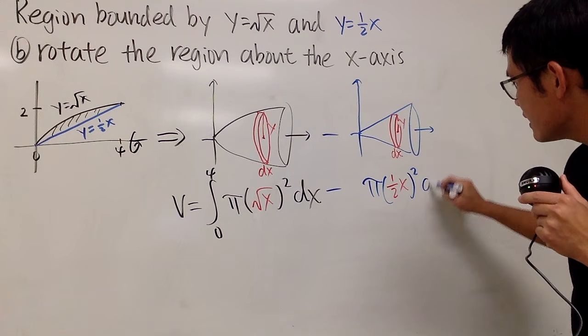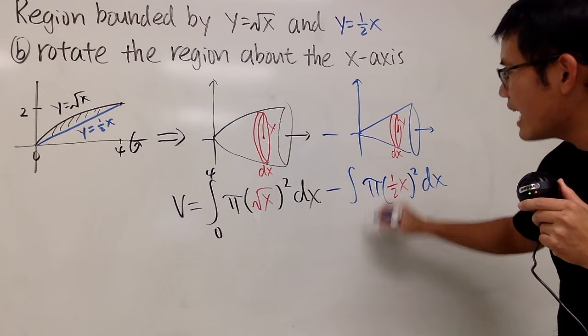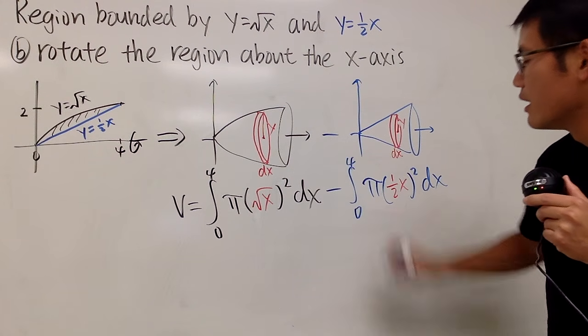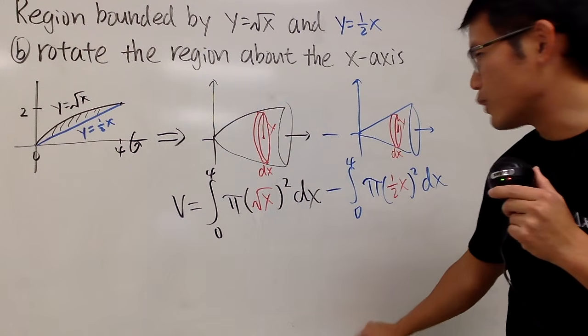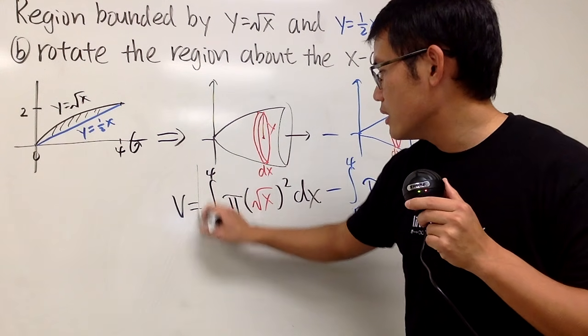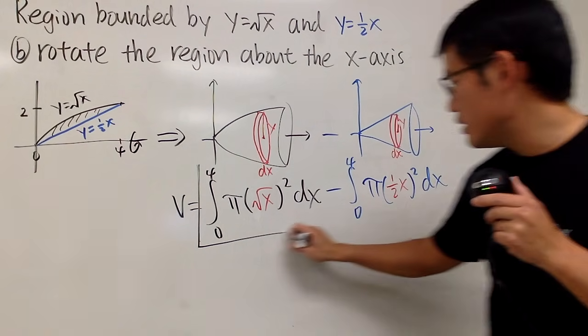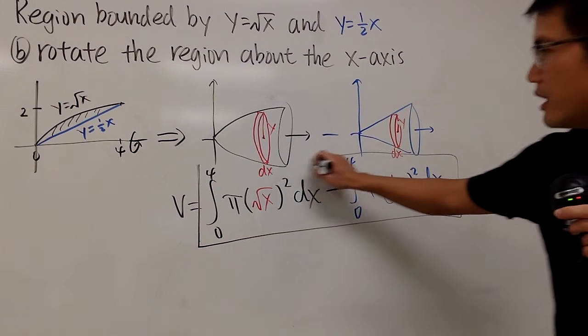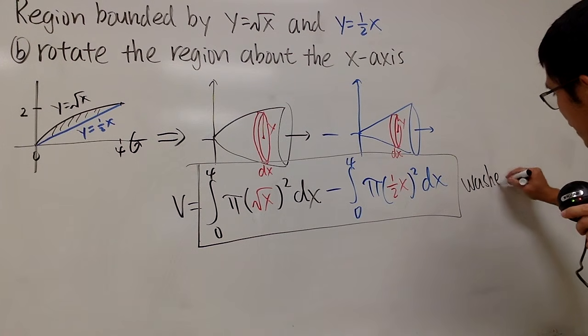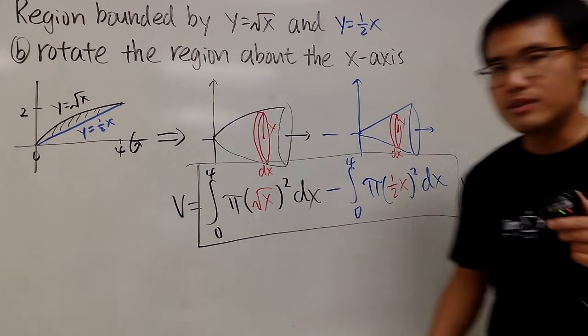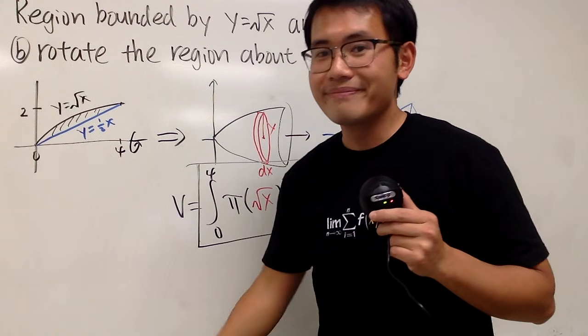And then you square that, dx that, integrate that from 0 to 4. And yes, you can put this instead of that, but as I said earlier, if I write it down separately, it will be more clear, in my opinion, right? So this is the so-called washer method, because just like a washing machine, there's a hole in the middle.